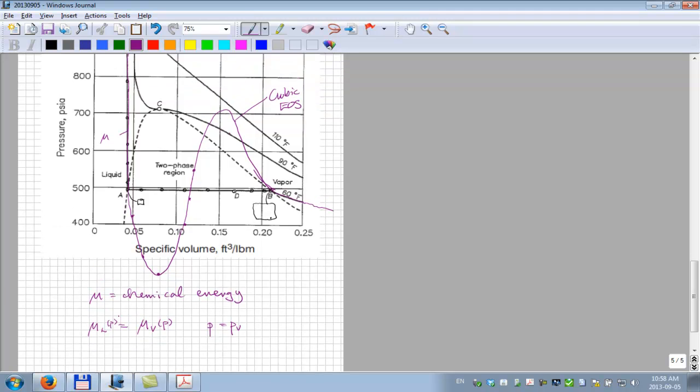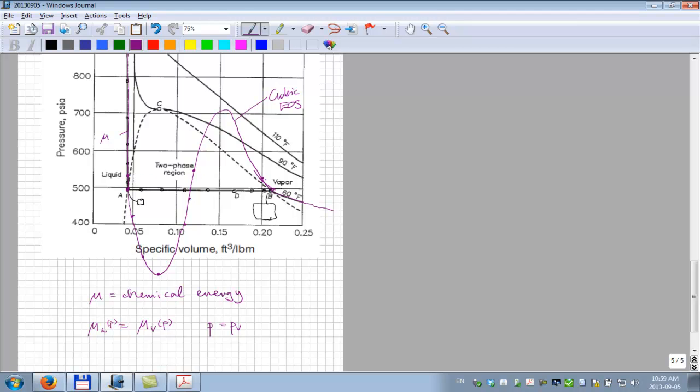So you can calculate the energy anywhere along here, but where it finds this on the left side and on the right side having the same energy at the same pressure. So if we take this one here, we've got a value of chemical energy here, and then we've got one over here on the right.